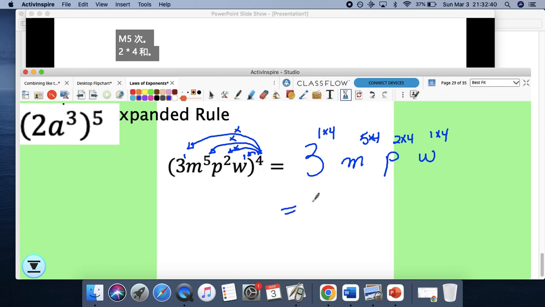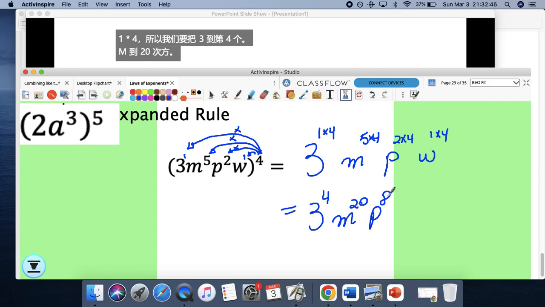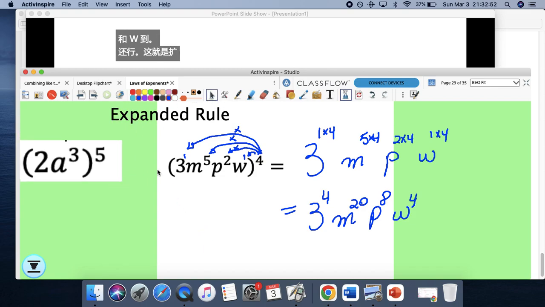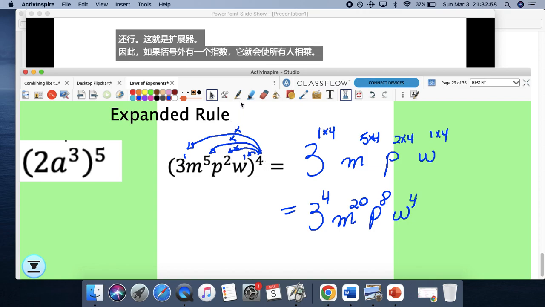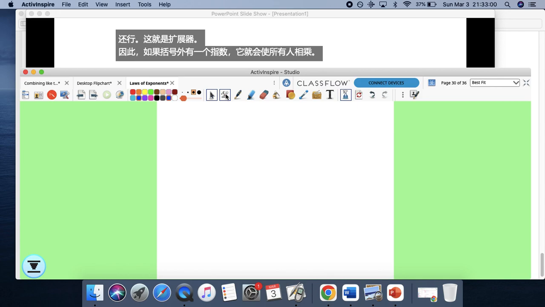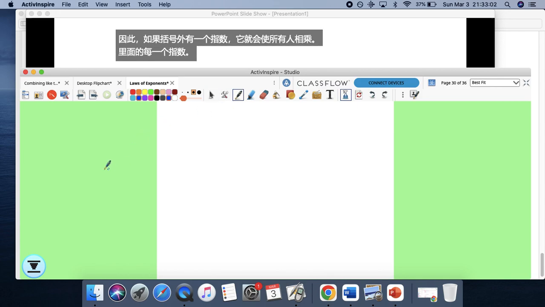So we're going to get 3 to the 4th, m to the 20th power, p to the 8th, and w to the 4th. Okay, so that's the expanded rule. So if there's an exponent outside the parentheses, it multiplies every exponent inside.